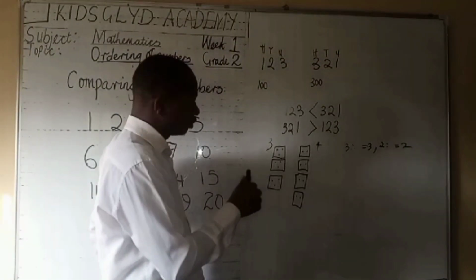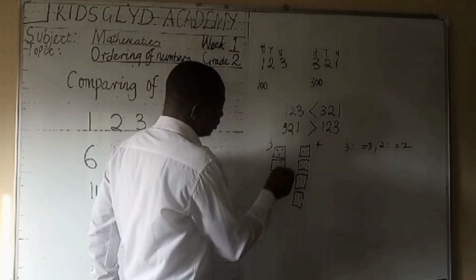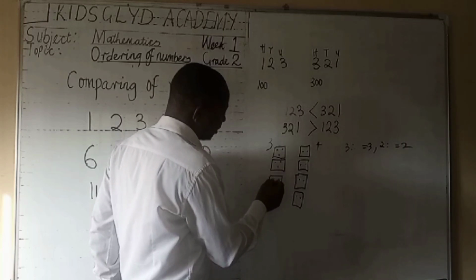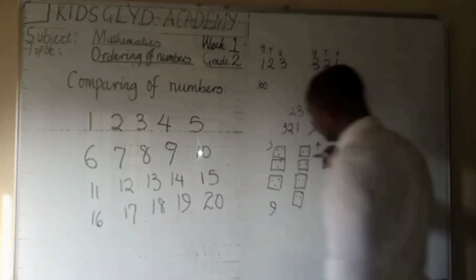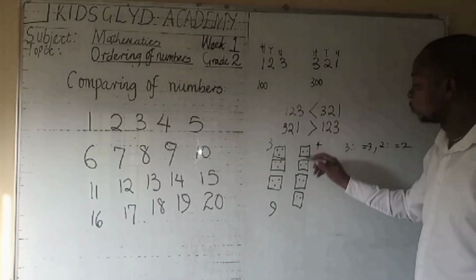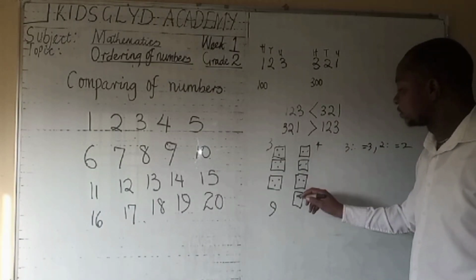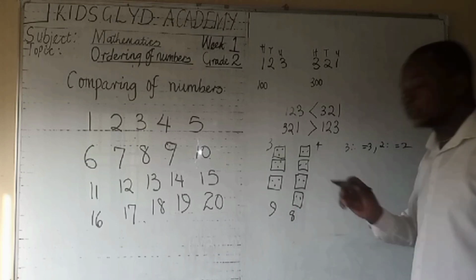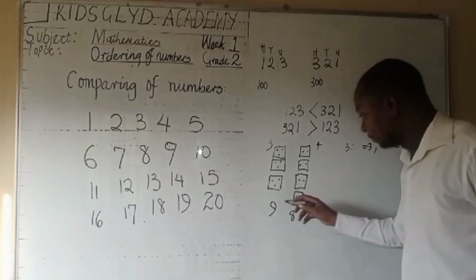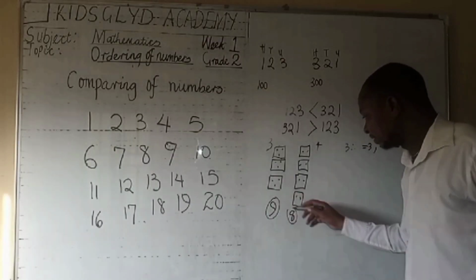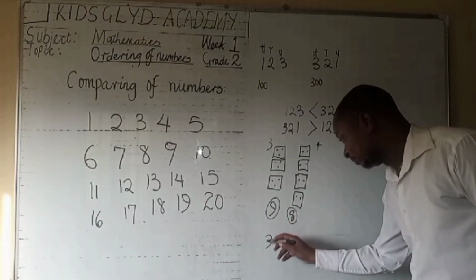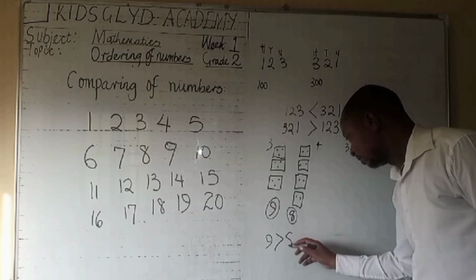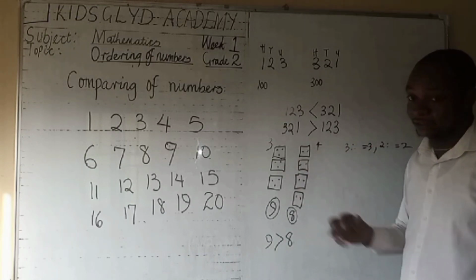This one, let's count the number of dots. 1, 2, 3, 4, 5, 6, 7, 8, 9. Here is 9. Then this one, how many dots do we have? 1, 2, 3, 4, 5, 6, 7, 8. Here we have 8 dots. Now, between 8 and 9, which one is greater? 9 is greater than 8 based on what is in it.